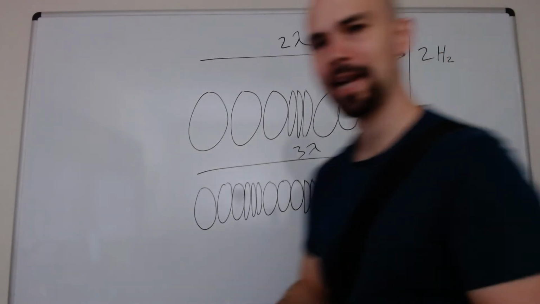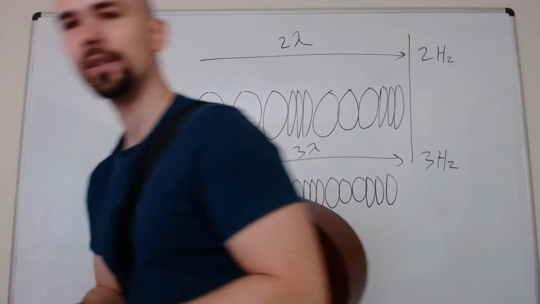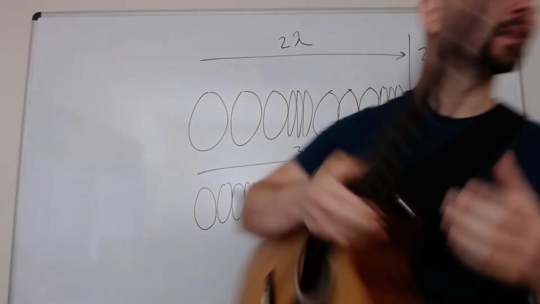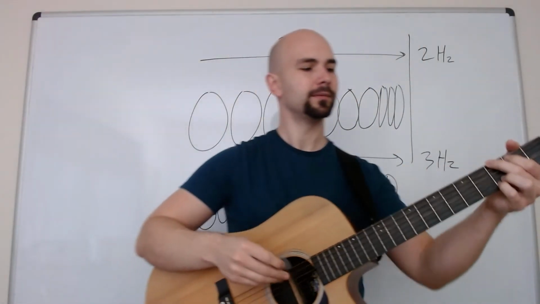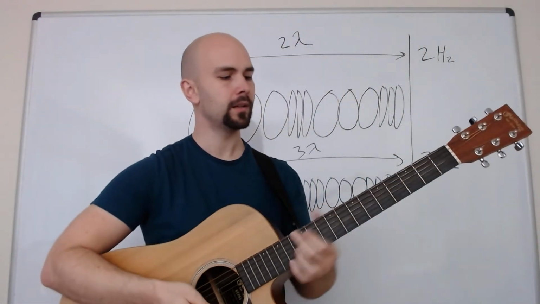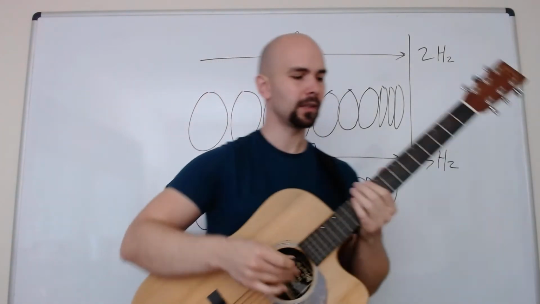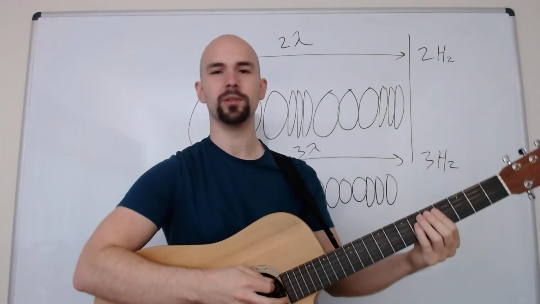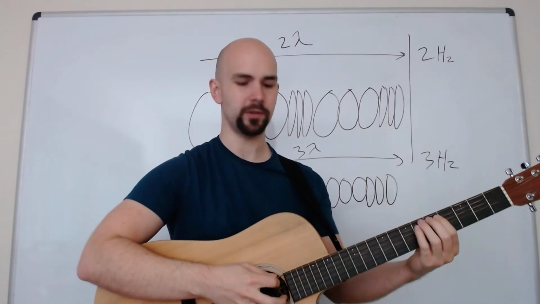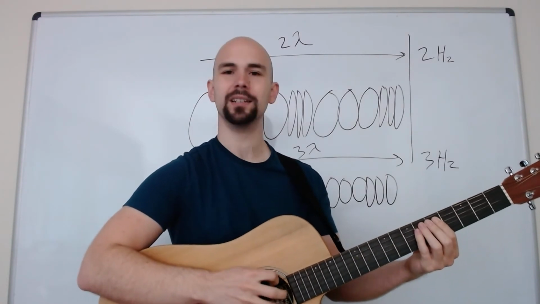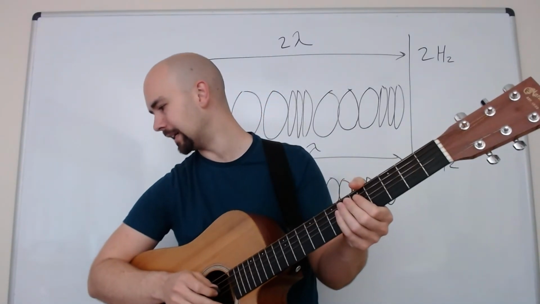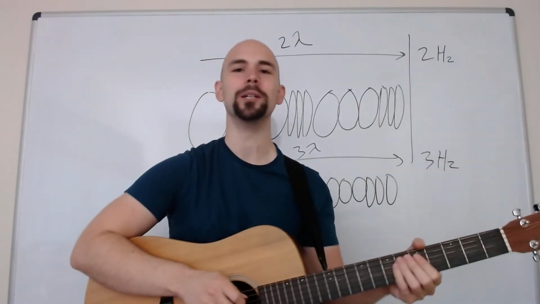Now, something interesting happens with musical instruments. If you have just a note on the guitar, like right here, I'm just going to take this string. This is the low E string, so it's the lowest note. And I pluck it, and this is basically doing experiment 14.3, but in our own way.